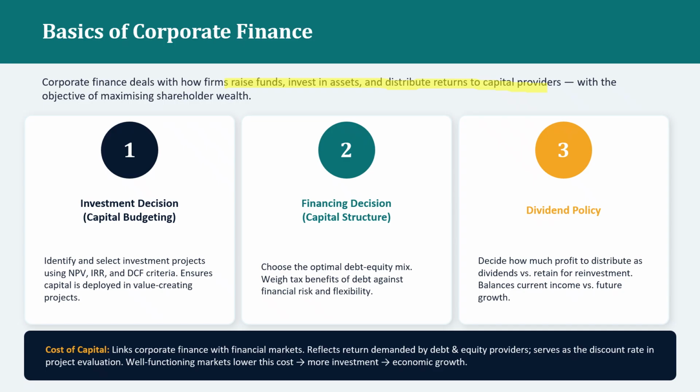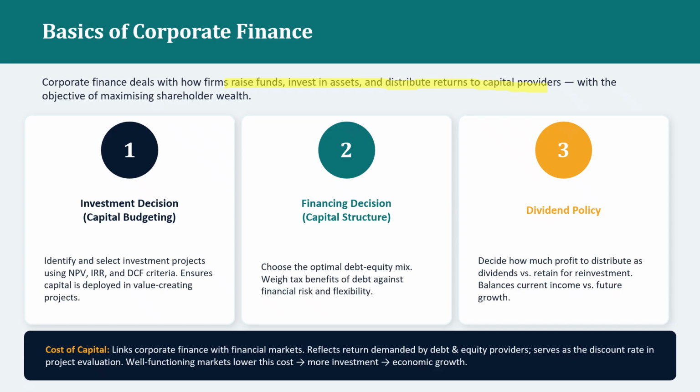Now, there are three core decisions in corporate finance: the investment decision, the financing decision, and the dividend decision, also known as dividend policy. Now, investment decision, also known as capital budgeting.